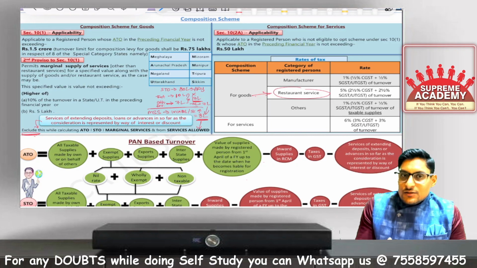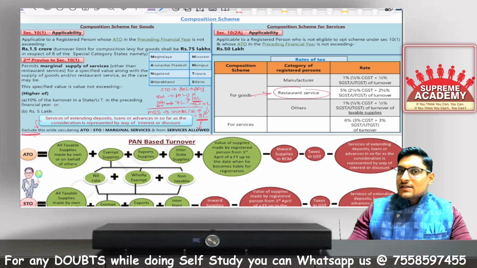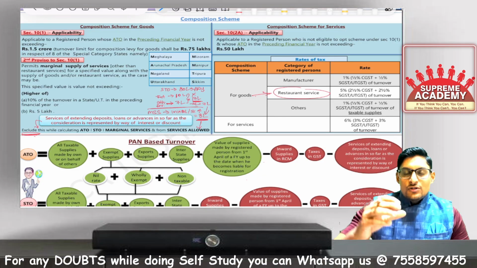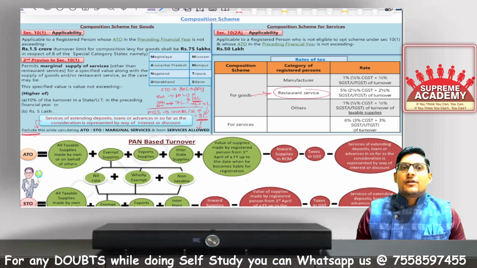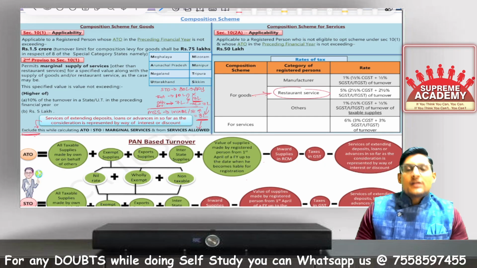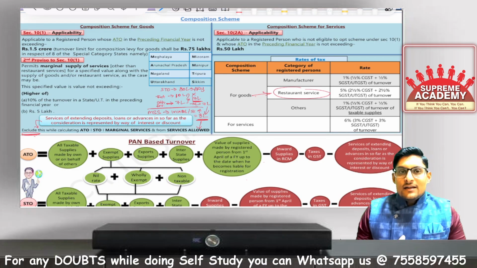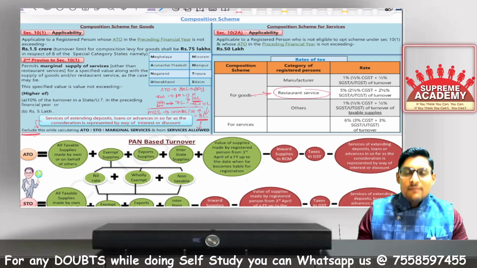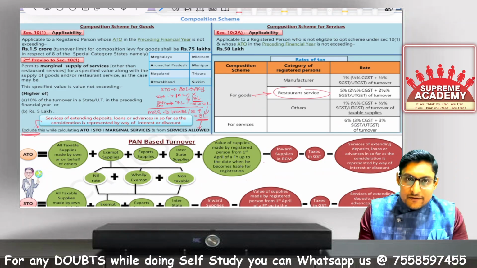To encourage them, a composition scheme has been introduced to charge a much lower rate of tax as compared to the normal scheme and provide less procedural and documentary work to such small taxpayers, to encourage them to do more and more business. So that's why this scheme has come into effect.